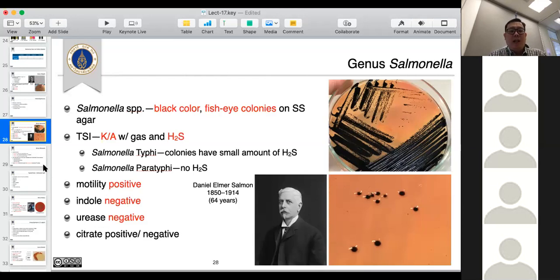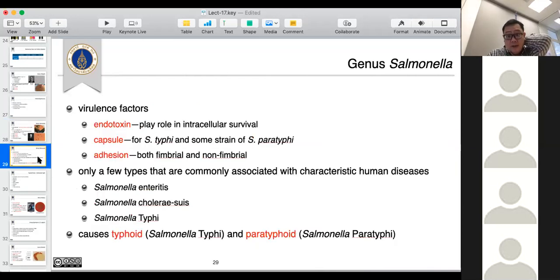This is Salmonella. Okay. For virulence, they possess endotoxin. This plays a role in Salmonella living intracellularly. They generate a capsule and fimbriae. Some strains possess fimbriae, some strains are non-fimbriated.